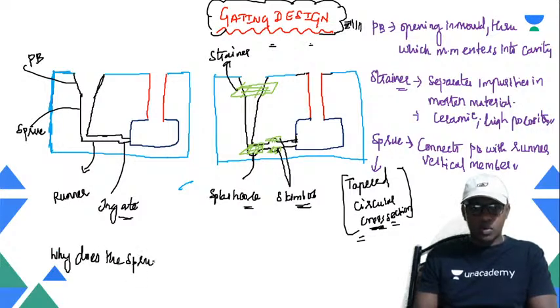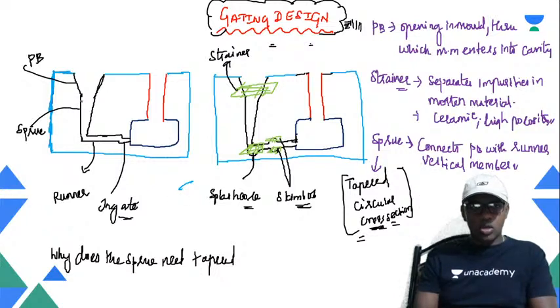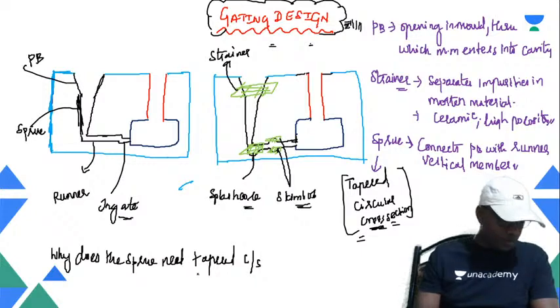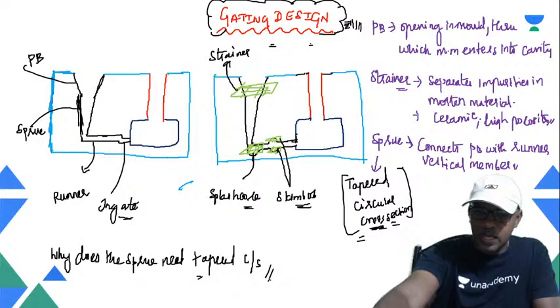Sprue needs a tapered circular cross section, not a straight one. Obviously you have to draw it tapered only. Tapered cross section instead of a straight one. Okay, perfect. To avoid aspiration, you say, exactly.